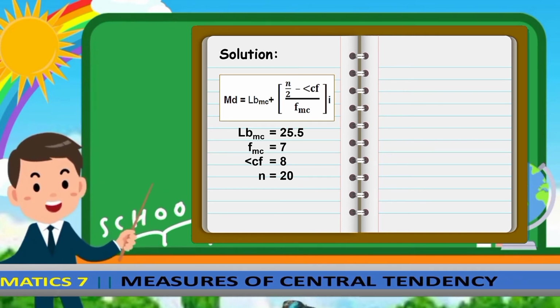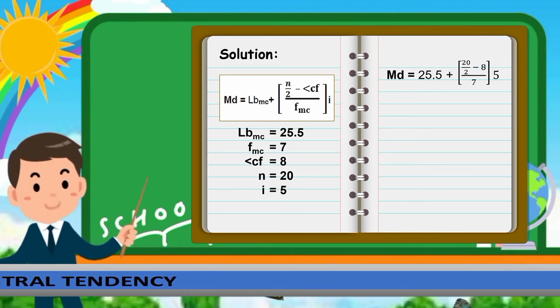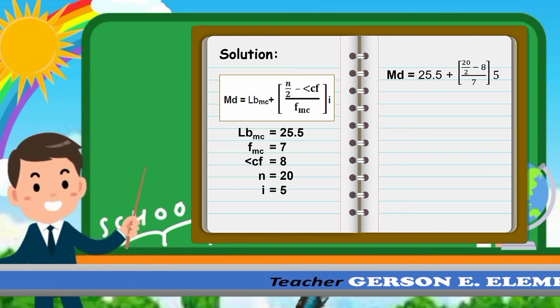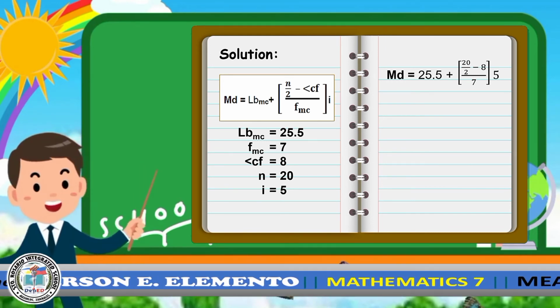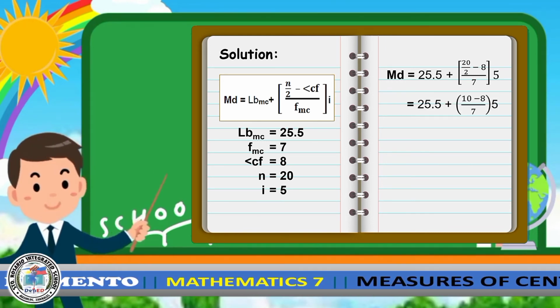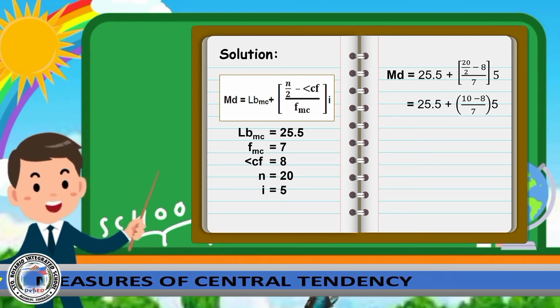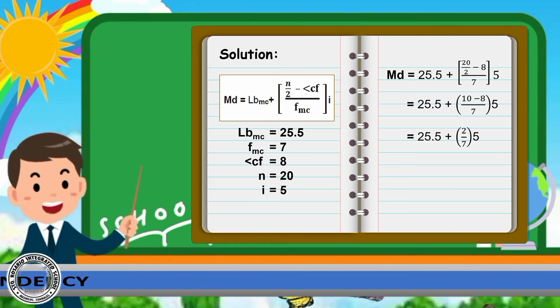Substituting all the values, including the interval, which is 5, we have median is equal to 25.5 plus the quantity 20 divided by 2 minus 8 all over 7 multiplied by 5. Substituting all the values, we have median equals 25.5 plus 10 minus 8 over 7 multiplied by 5.